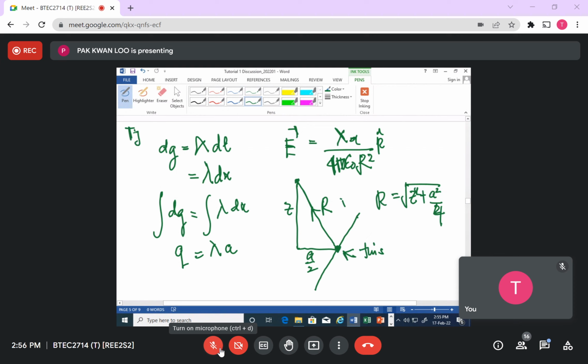I would put here: typical mistake. This point is assumed as Q, which is wrong.